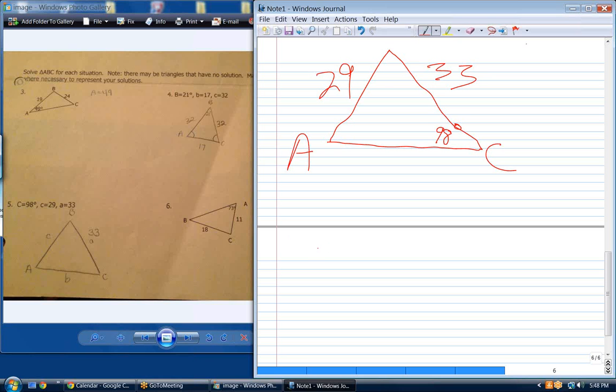What should I write? You do the sine of 98 over 29 equals the sine of A over 33. So the sine of A equals 33 times that. Give me a number.